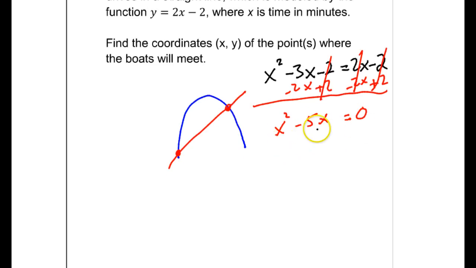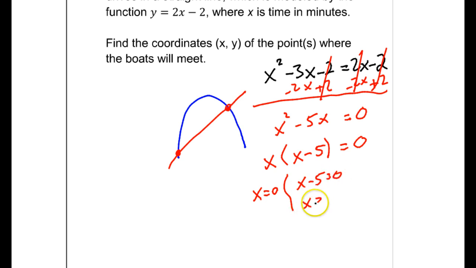So in order to factor this, I'm just going to do a GCF. We have x times (x minus 5) equals 0. So x equals 0 and x minus 5 equals 0, so x equals 5.